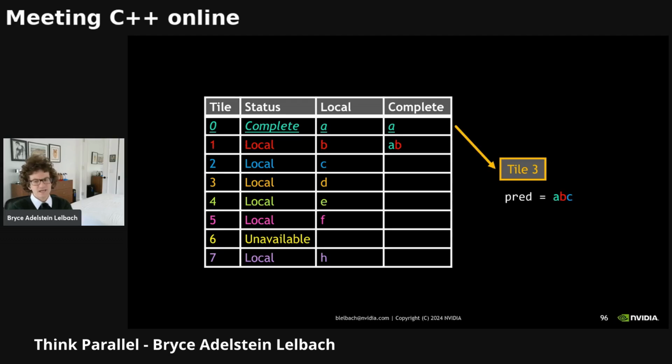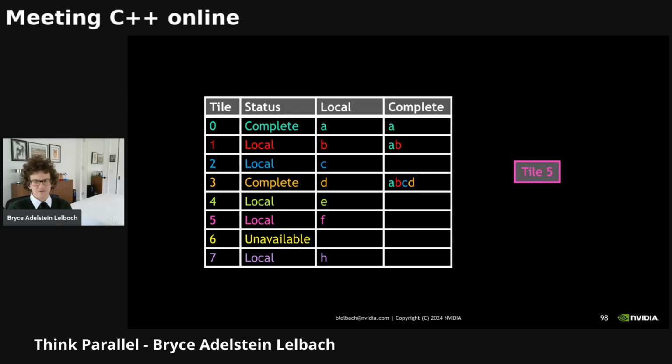Finally, we look at tile 0, whose state is complete. We add its complete prefix to our predecessor prefix, and then we finish. Next, we compute our complete prefix by summing the predecessor prefix and our local prefix. We write it to our descriptor and set our state to complete.